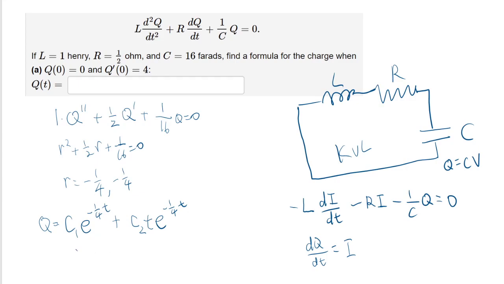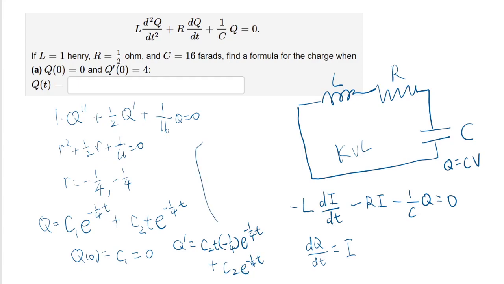And then Q of 0, if you plug in 0, because 0 times anything is 0, you just get C1, and that has to equal 0. And then Q prime, if C1 is 0, then you just have to differentiate this. Then Q prime would be C2 t times negative 1/4 times e to the negative 1/4 t, because of the chain rule, plus C2 times e to the negative 1/4 t.